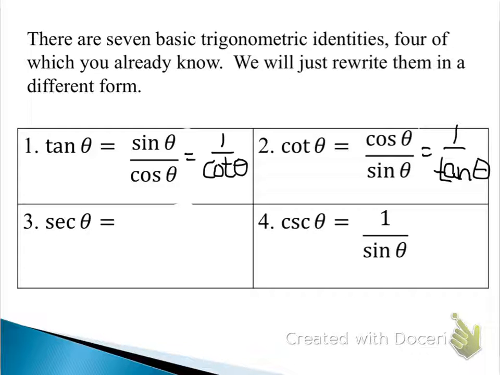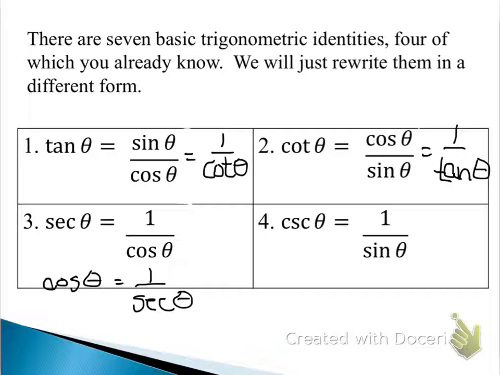And then we have secant theta. That is going to be 1 over cosine theta. And it works out both ways. If we were to look at it this way, and I doubt that we would use this, we could also say that cosine theta is going to be 1 over secant theta.